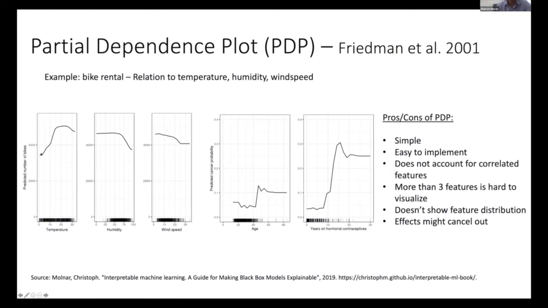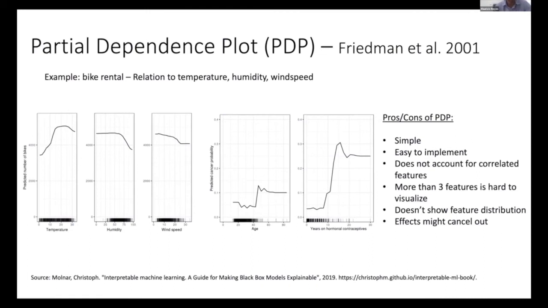So what you see here for each of these points, you see that the system is saying what happens at 10 degrees Celsius, and I'm going to take all my data, fix 10 degrees, and I'm going to change the humidity and wind speed at different values from the data. And I'm going to see if the model is getting affected by that.